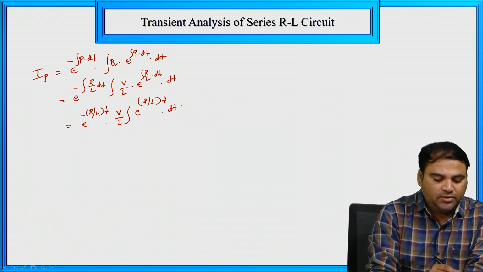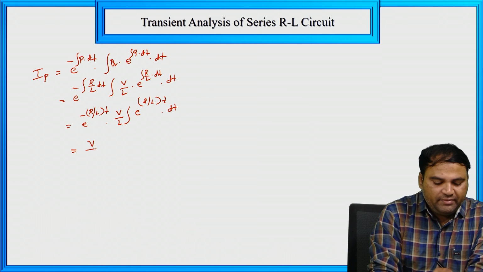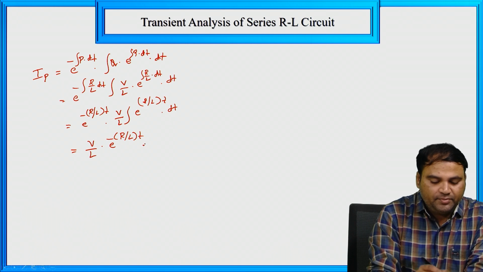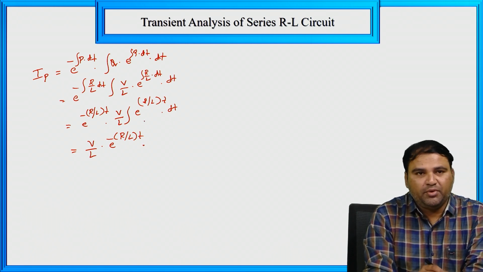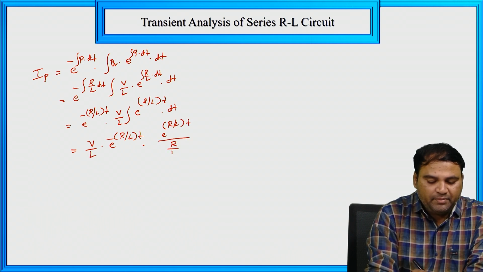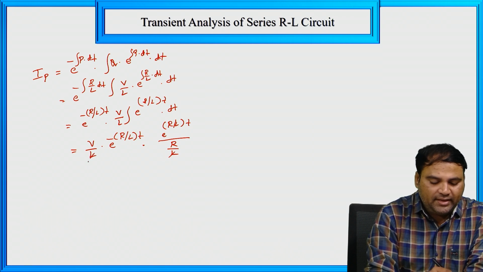Okay. So now V divided by L into e power minus R by L t, into the integral of e to the power of R by L t, which is e to the power of R by L t divided by R divided by L. Here L and L get cancelled.